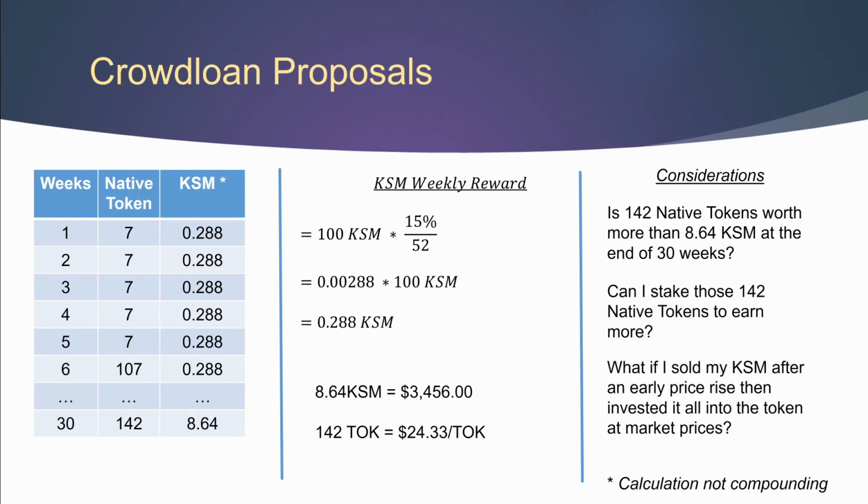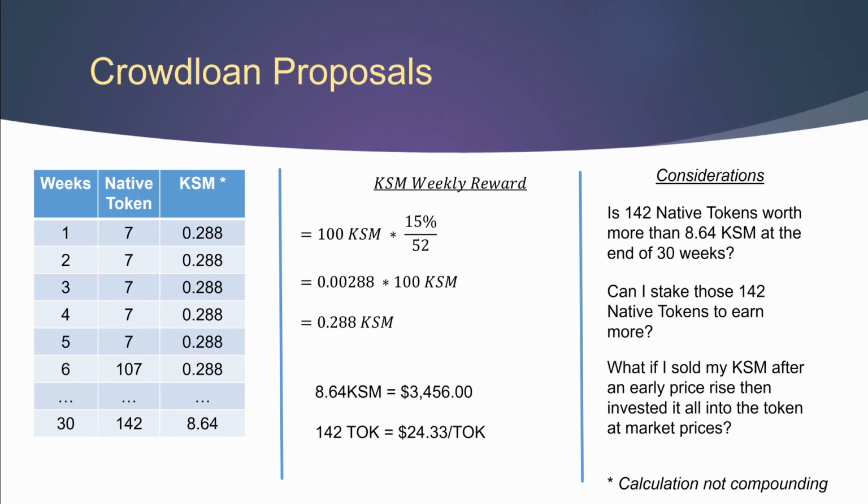That would require that native token, 142 of that native token, to reach a value of $24.33 per native token. So these are the kind of things you need to balance. And if you don't think that native token is worth $24.33 per token, then it may be better for you to keep your 100 KSM and stake it on chain.